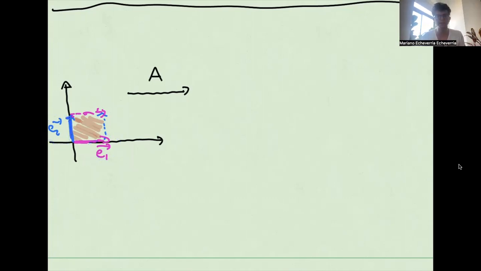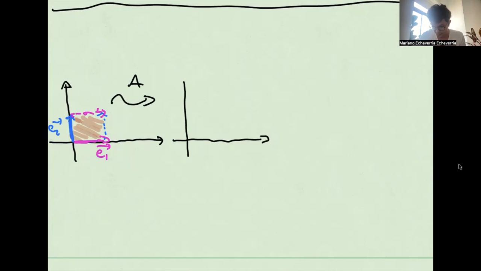You get two new vectors. And so what happens in general is that when you do the multiplication, this unit square you began with literally turns into some parallelogram. So you're multiplying each side by A.